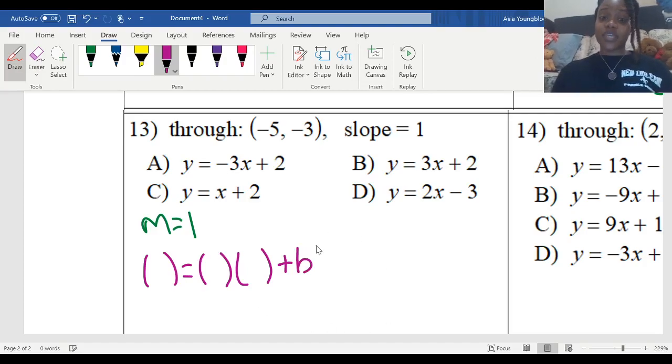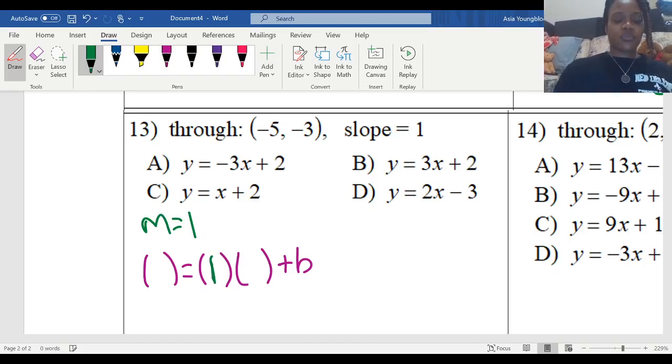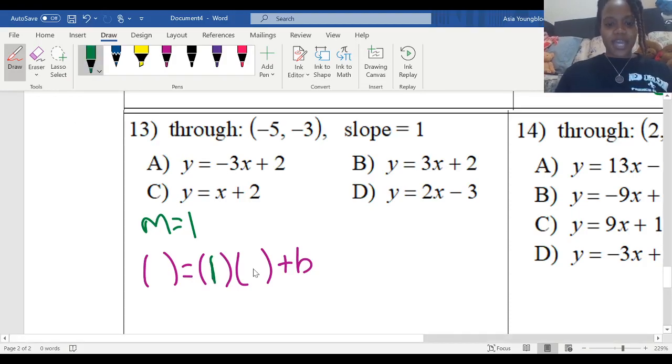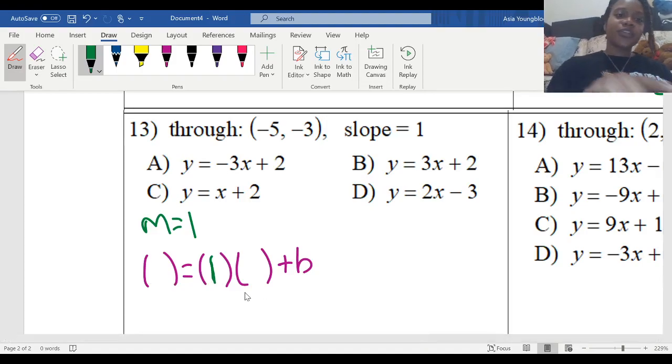The reason I wrote the b is because we don't have that information, but we're given our slope. So our slope is 1. That's going to go in this first space here, right? Y equals mx plus b. So we have our m. We just need to figure out where our y and x are. You can actually take your y and x from the point that's given to you.